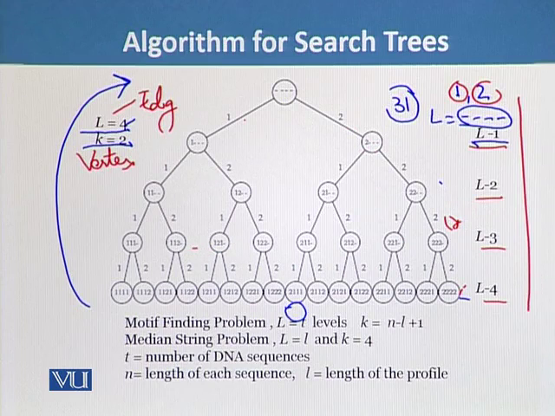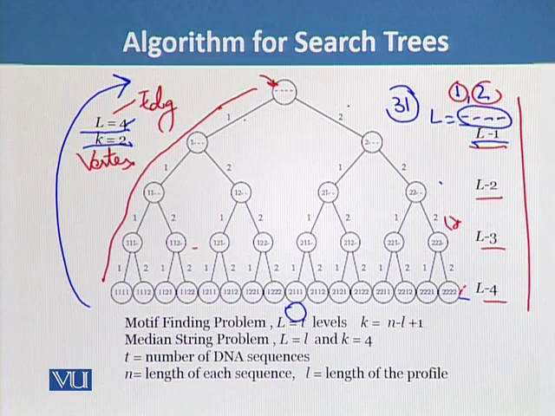Here we can see it starts from the root and divides into 1 and 2, and if we go along the leaves of the tree, we read 1, 1, 1, 1. If we read this one, we see 1, 1, 1, 2.